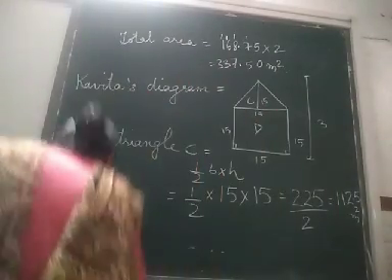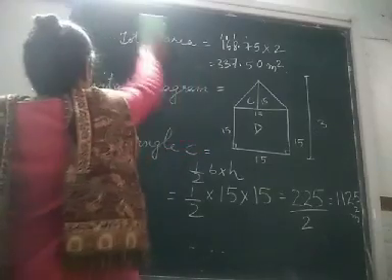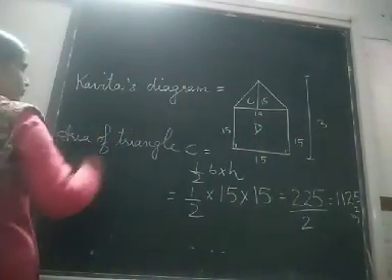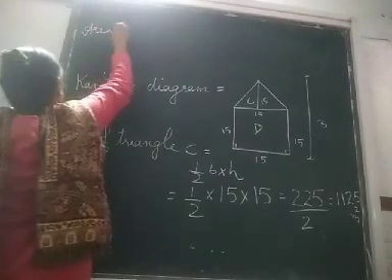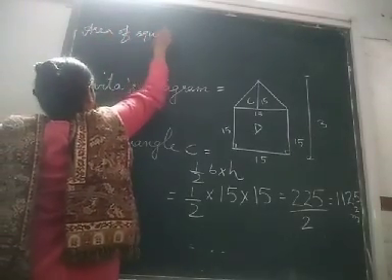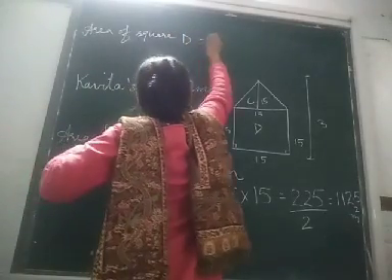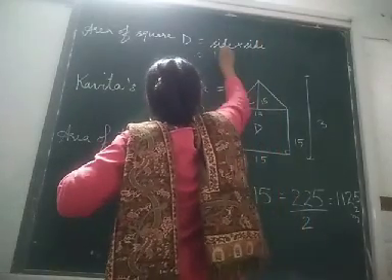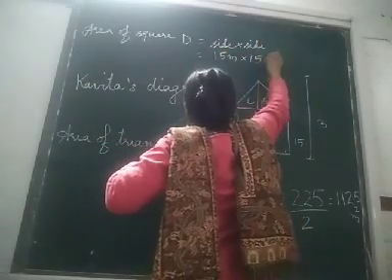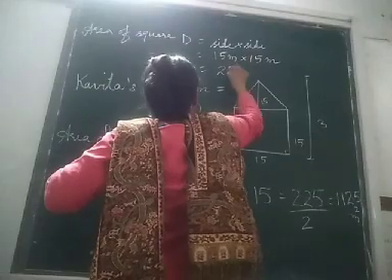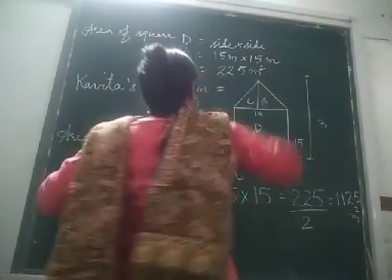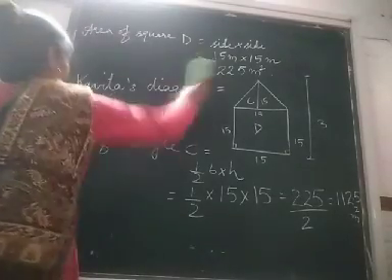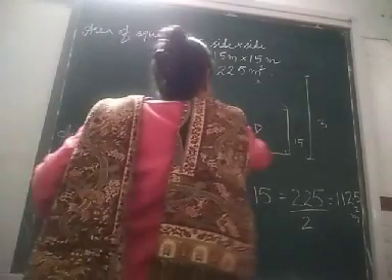Then we have to find out area of square D, equal to side into side, which is equal to 15 meters into 15 meters, which is equal to 225 meter square. Okay, now we find out the total area.